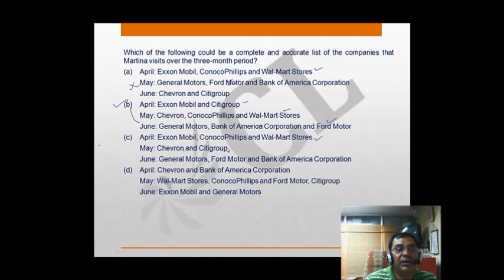Chevron and Citigroup and Bank of America: in May, if 2 come, then June also has to be only 2. So this is wrong. Chevron and Bank of America Corporation, correct. Walmart stores, ConocoPhillips, Ford Motor, General Motors is not coming with banking, so even this is wrong. So I mark my answer as B and move on.